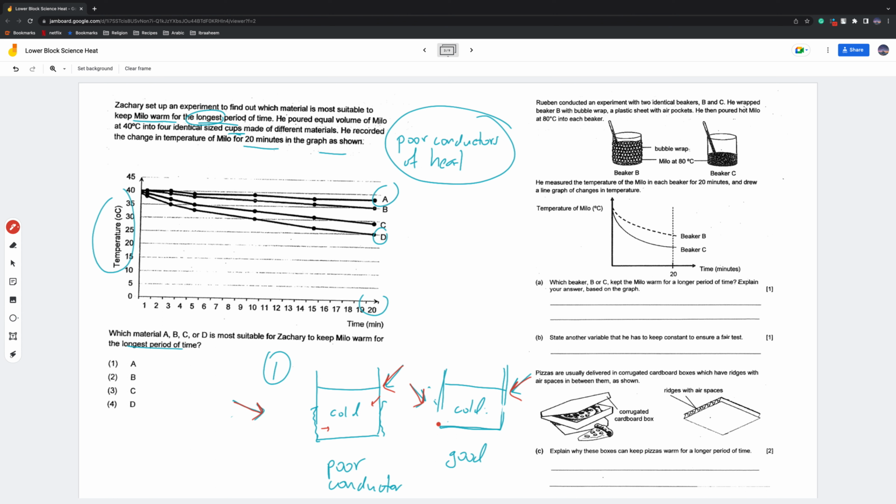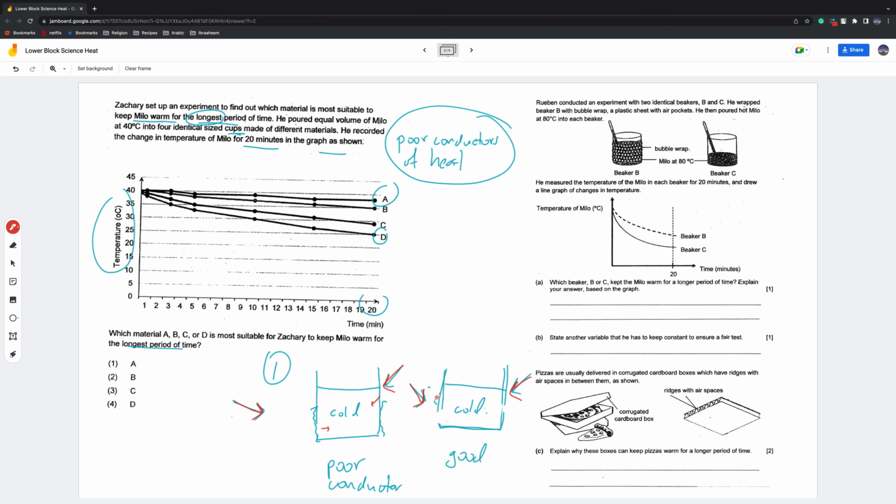While if you are using a good conductor to hold the iced Milo, the good conductor is not going to prevent the heat from the surrounding being conducted to the cold Milo, but in fact, good conductors conduct heat quickly.